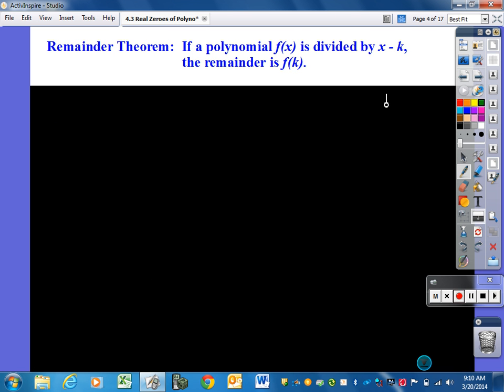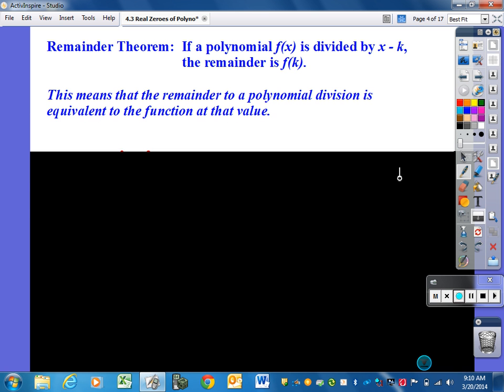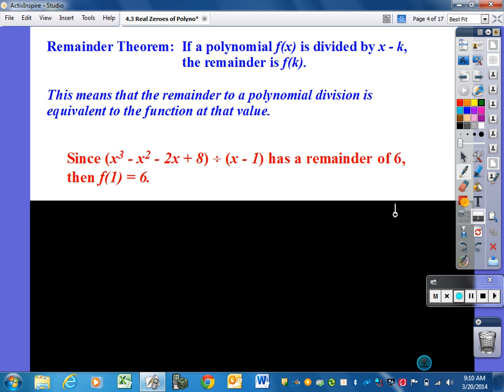We have some remainder theorems. The first one says, if a polynomial is divided by x minus h, the remainder will be equivalent to f of h. So the two problems we just did were x cubed minus x squared minus 2x plus 8 divided by x minus 1.